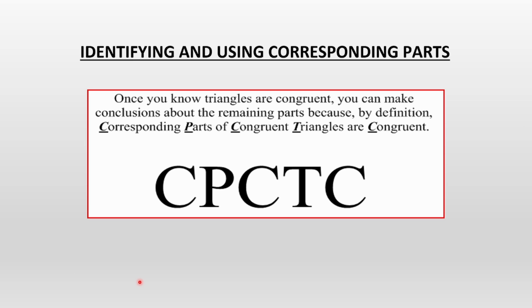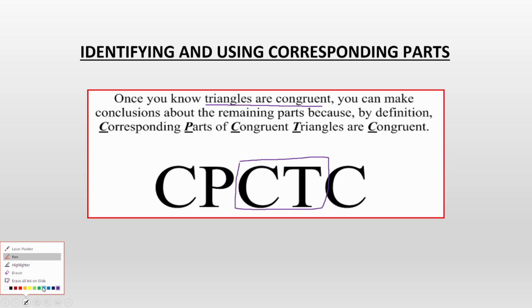We're going to look at this thing again. I mentioned it's called CPCTC. And so we have this thing where if I know that 2 triangles are congruent, that's this part right here, congruent triangles, then I can make conclusions about the remaining corresponding parts. So what that means is the corresponding parts, which is this guy right here, will also be congruent.